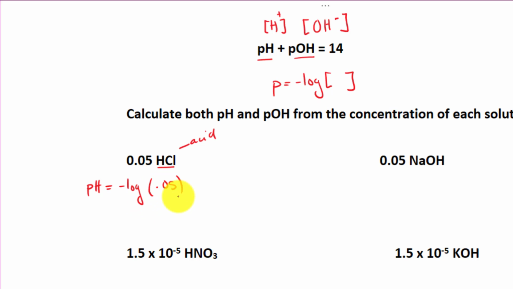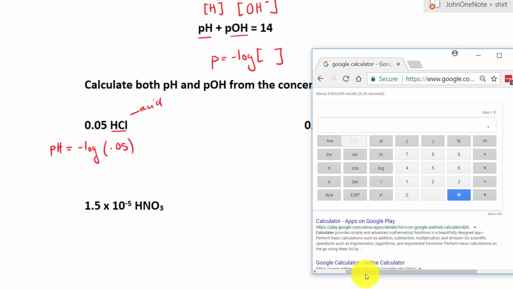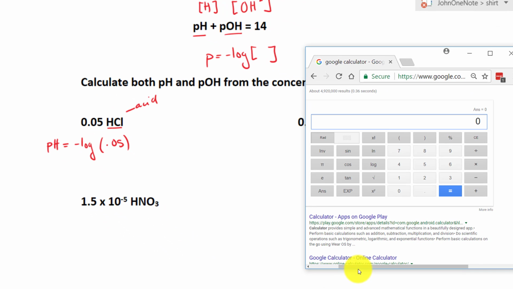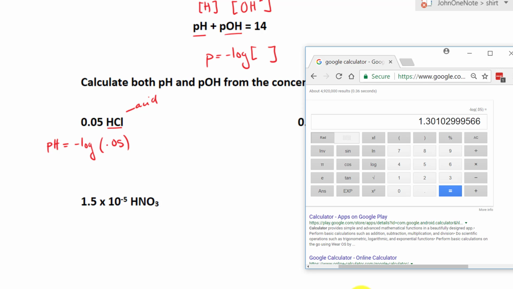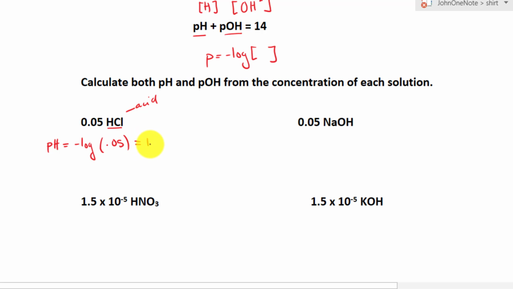And if we plug this into a calculator, let's use Google Calculator. We have negative log of 0.05. Enter. So the pH in this case is 1.3. So if we plug into this equation, where 1.3 plus pOH is equal to 14, what is the value of pOH going to be?